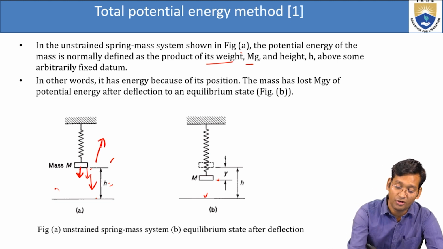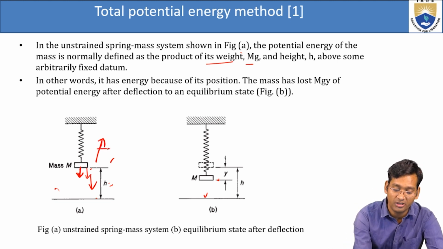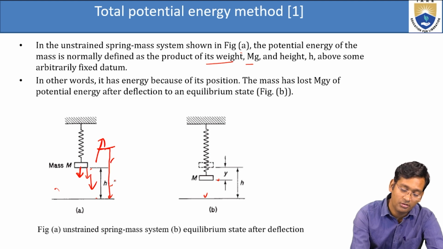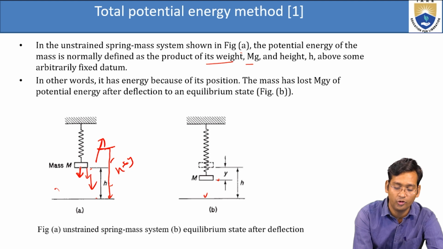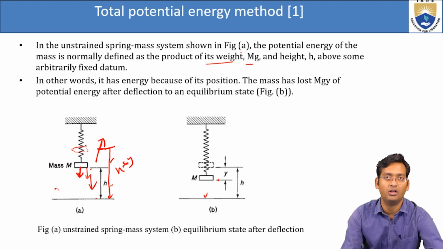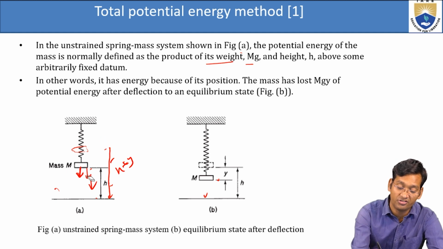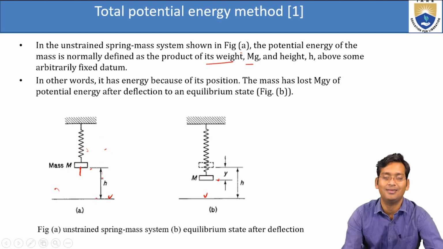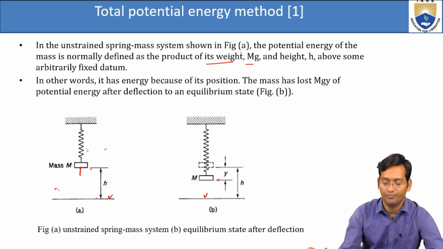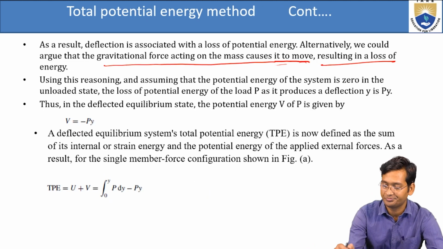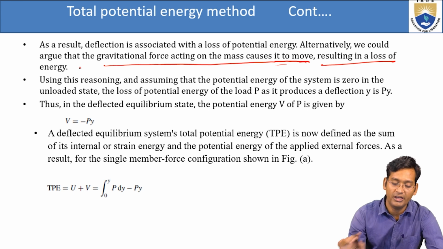If it moved up, then the potential energy would increase, because now the mass would be here and the distance would be h plus y. If we compress it by applying a force and it reaches there, then it would have more potential energy. But because of the gravitational force, it is coming down, so this h is getting decreased. H is getting decreased means potential energy is lost, resulting in a loss of energy.